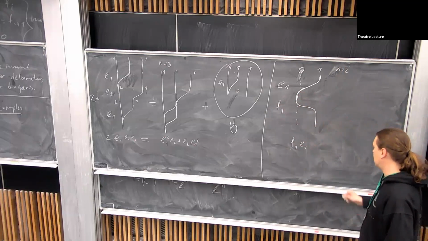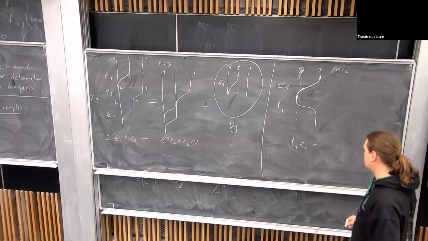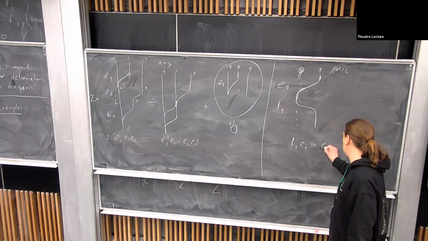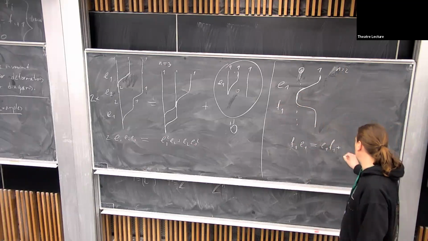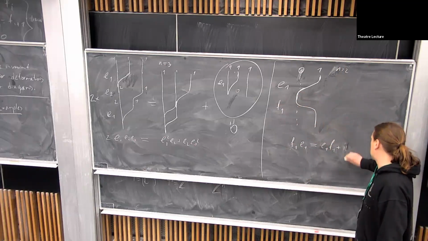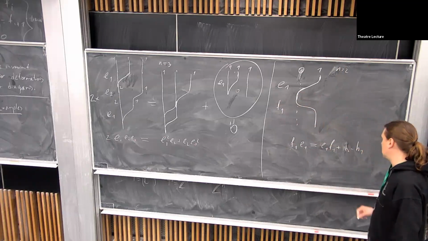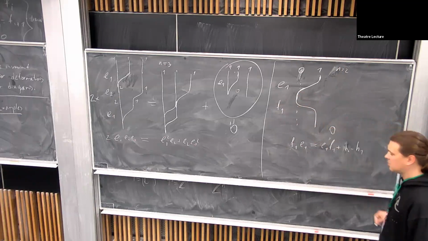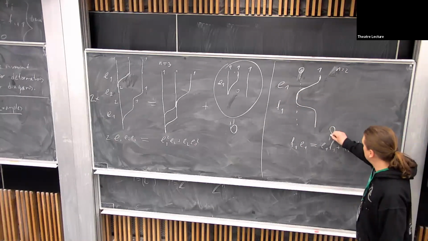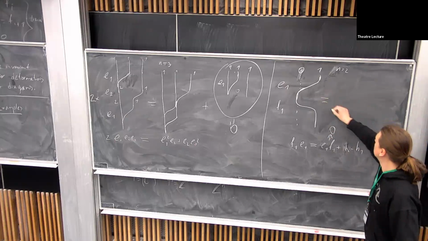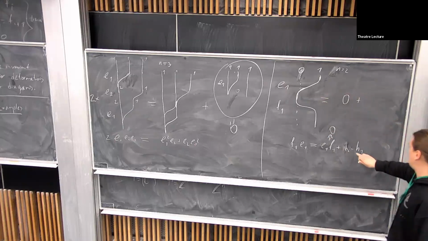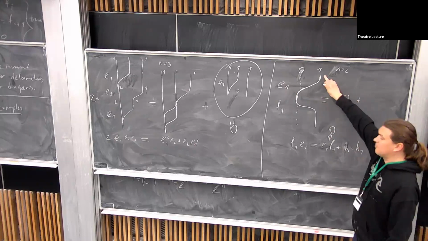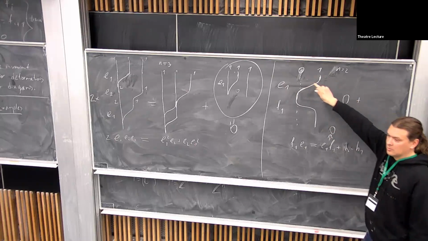On the other hand, let's check this. We can transform by the commutation relation as E1 F1 plus H2 minus H1. So this diagram is 0. This corresponds to 0 plus this diagram, but H2 simply multiplies by 1 and H1 simply multiplies by 0.